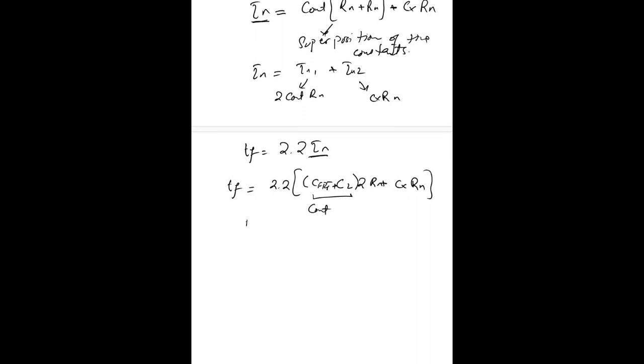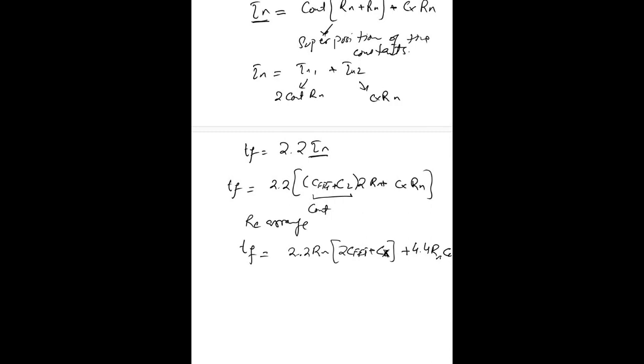So if we rearrange the expression, we will get Tf equal to 2.2 Rn (2Cfet plus Cx) plus 4.4 Rn Cl. Sorry, this is not Cl, this is Cx, and plus 4.4 Rn, sorry, I wrote it as 4.4 Rn and Cl.